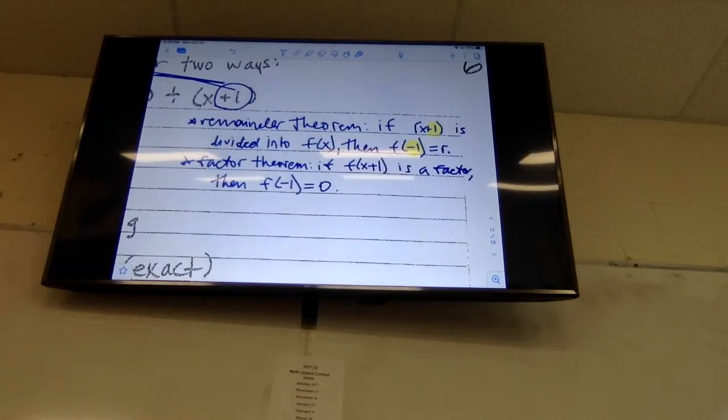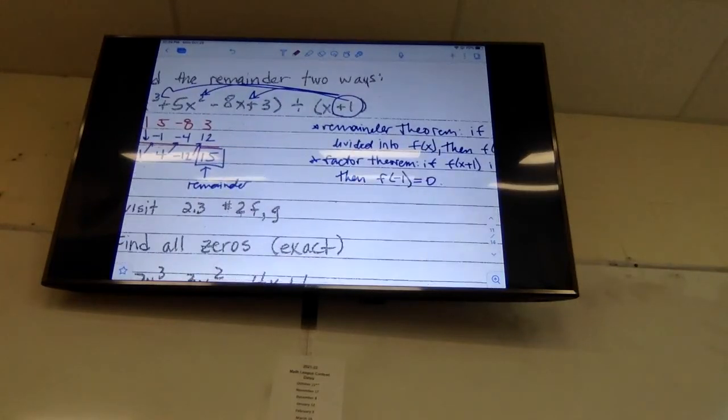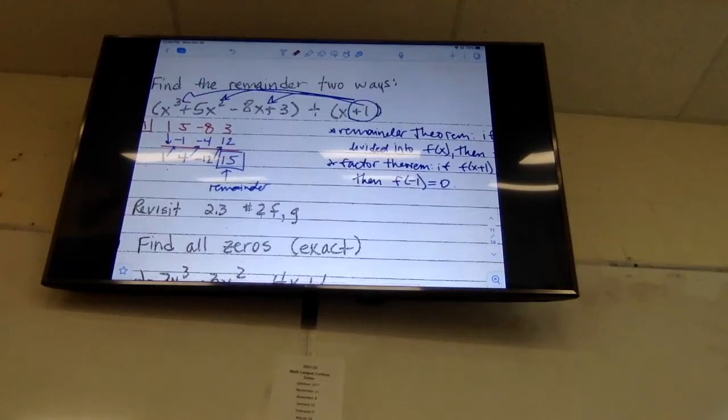And so we're just going to put that into practice. We're just going to plug it in. I'm going to take -1 and plug it in for all my x's over here, and I should get the same thing as 15. So if I do positive one? No, -1. I've just got to flip it. I'm going to do -1 to the third plus 5 times -1 squared minus 8 times -1 plus 3.